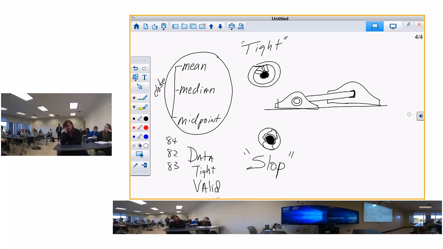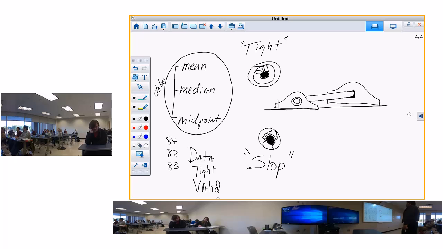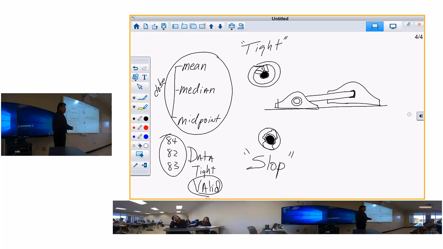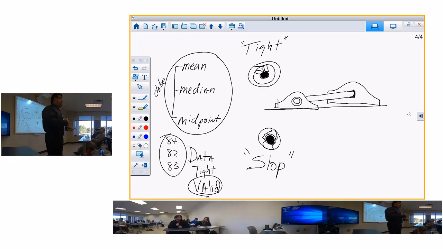Then you've got outliers, you've got all kind of messed up data. So your data is sloppy. It's got a lot of play in it. It's not valid. So when you're looking at these 3 numbers, remember, if they're close together within a few points of each other, that means the data is valid. And you're going to be looking for that when you're doing your calculations on your mean, median, and mode.